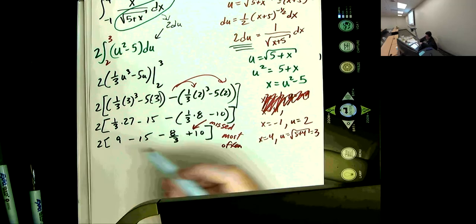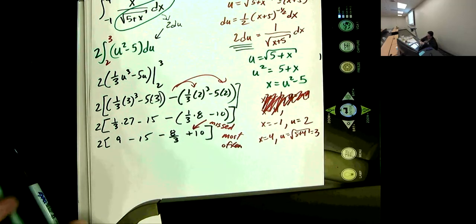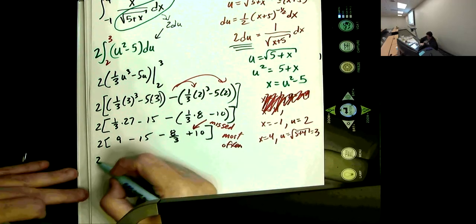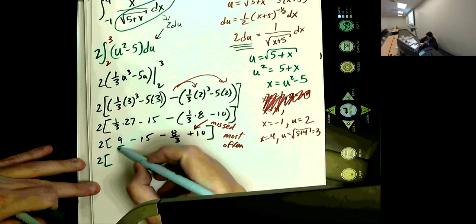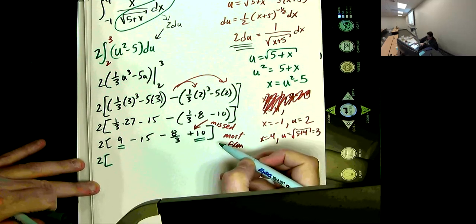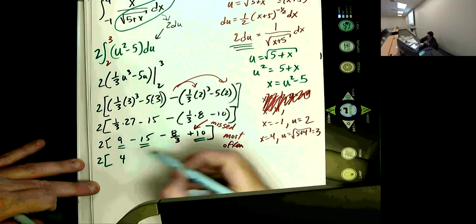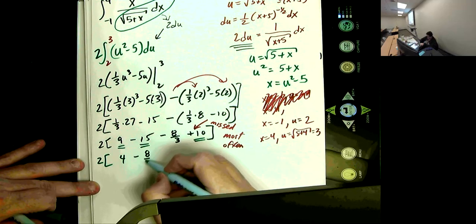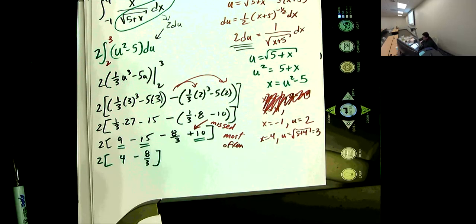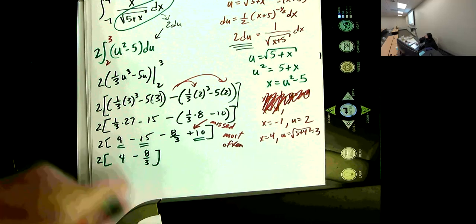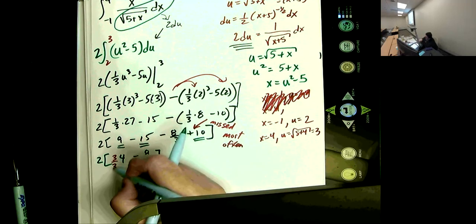Let's see what we got going on here. The 2 is still up front. If I add the 9 and the 10, I get 19. And then 19 minus 15 is 4. So there I just got all the constants together. If I get a common denominator here, I can multiply that by 3 over 3.